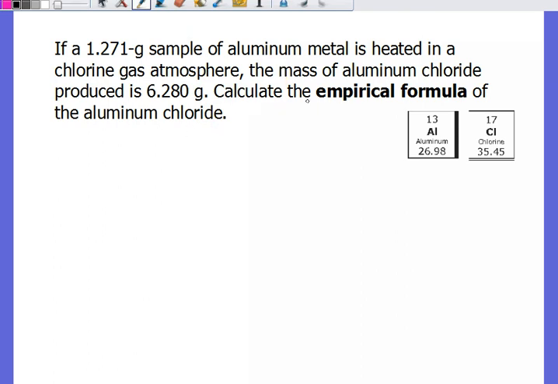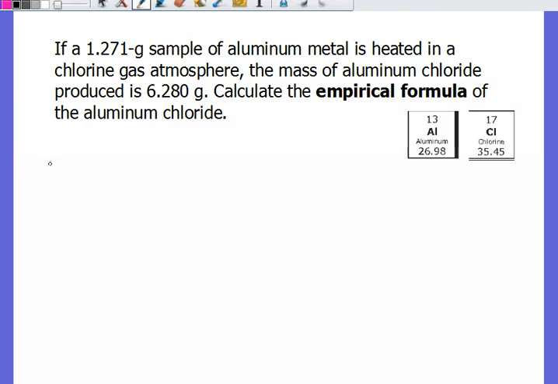So it doesn't tell you directly how much chlorine was in there. So you can take the total mass and subtract the mass of aluminum from it, and that's where your chloride part would come in.